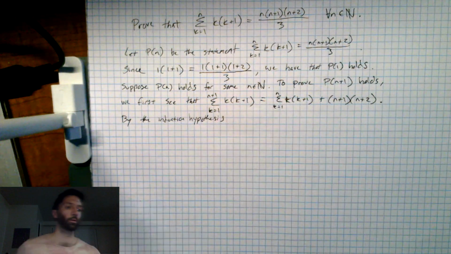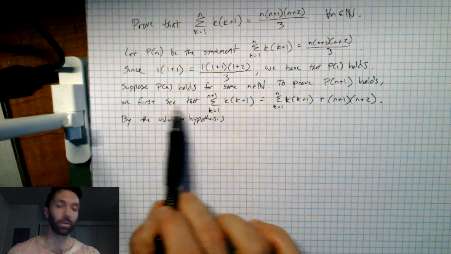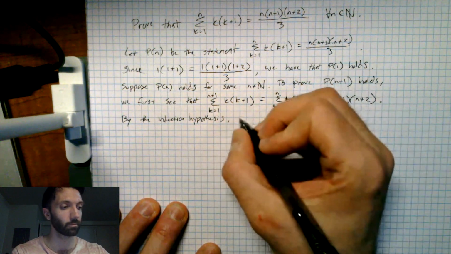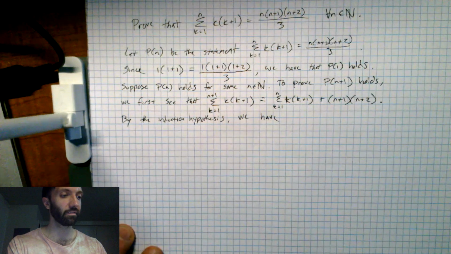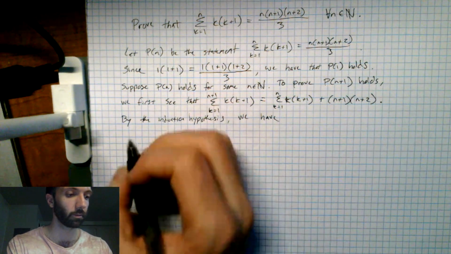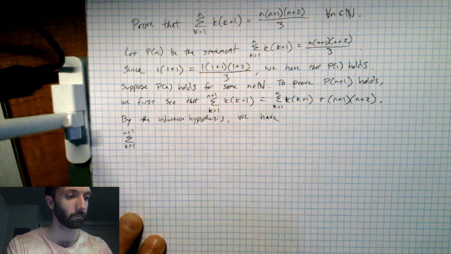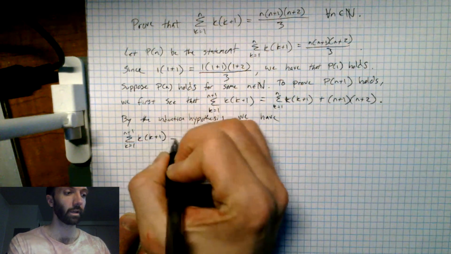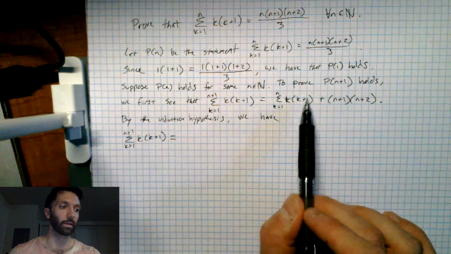Okay. So, and again, our induction hypothesis was proving that p of n held. So by the induction hypothesis, we have that this summation stopping at n plus 1 is going to equal this here, but I'm making the substitution.